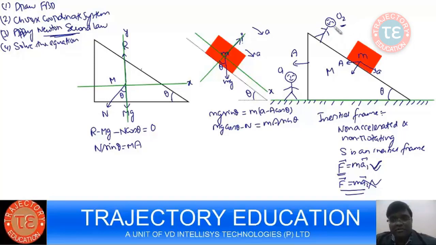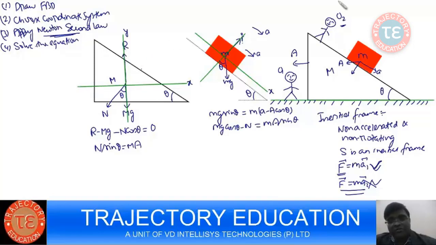But since O2 is non-inertial, he cannot correlate his observation with the force using Newton's second law. O2 is seeing this normal reaction N. He is seeing that you have a component of N in the backward direction, but then he is not seeing acceleration. So for him, Newton's law does not hold, in fact. He is seeing a force, but he doesn't see the acceleration.